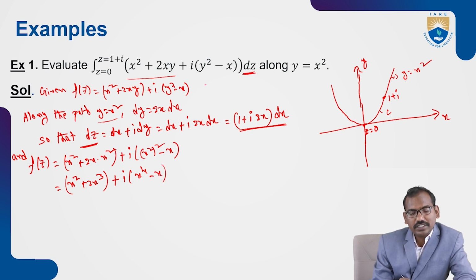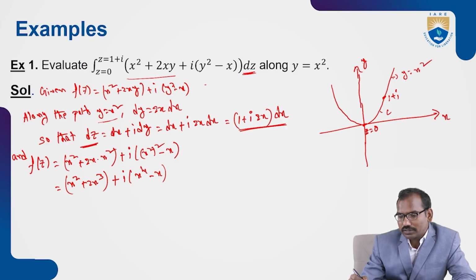Here what you are observing is that dz comes in terms of x and f of z also comes in terms of x. So we need to find how x is varying from z is equal to 0 to z is equal to 1 plus i. At z is equal to 0, what is the x value? It means the real part of z. When z is 0, the real part of z is also 0.